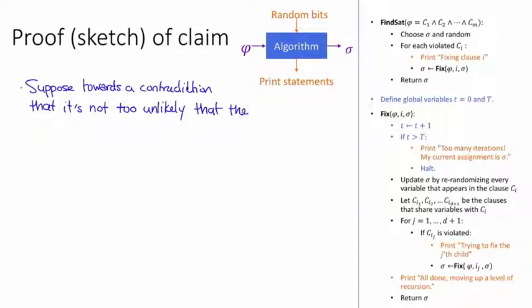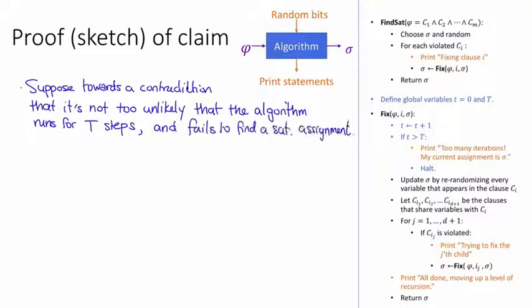We still need to determine t. And does not find an assignment. That is, there's some decent chance that this algorithm goes on for a while before it succeeds.